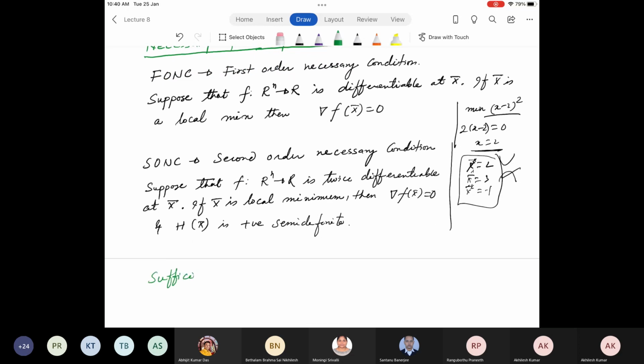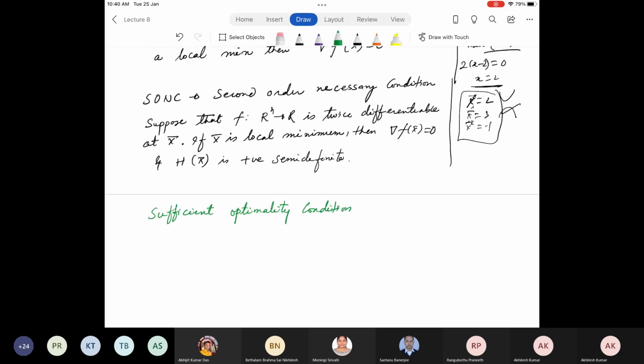Now coming to sufficient optimality condition. Before I tell you sufficient optimality condition, let me go back to necessary condition again. Necessary condition must be true for every local optimal solution.